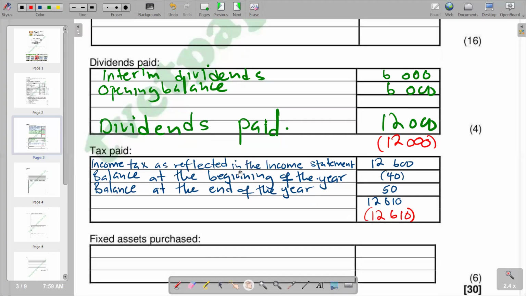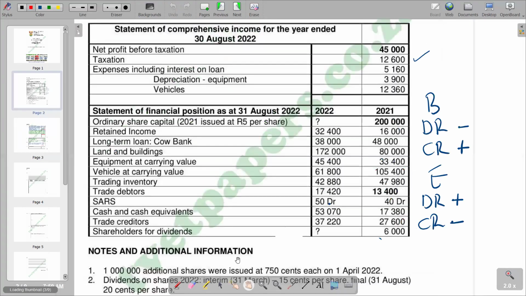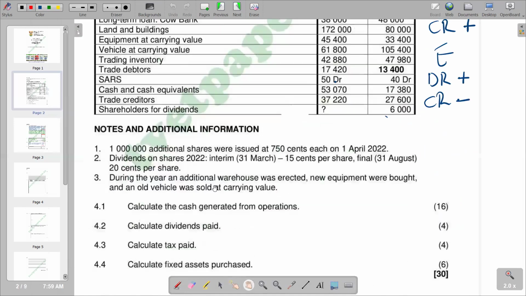Then we go to fixed assets purchased. Calculation of fixed assets purchased. So we go to the information given. We are given information of non-current assets. It's additional information, note number 3.